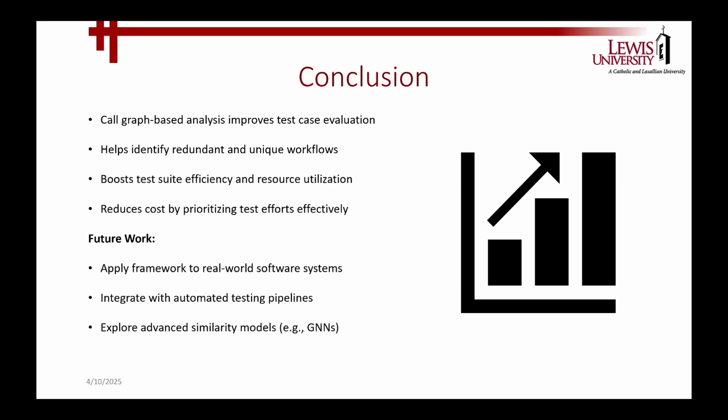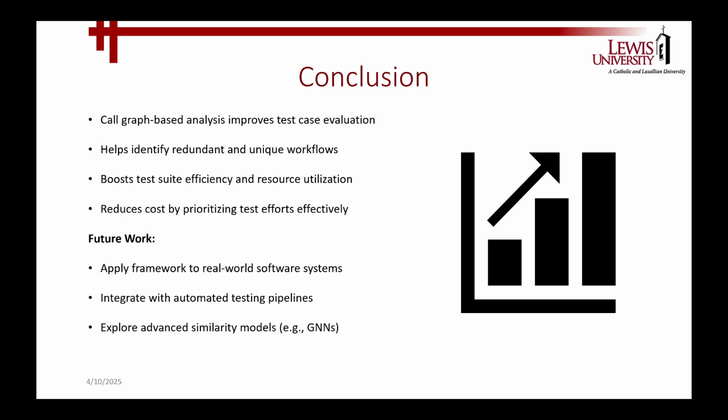This not only saves time and resources but also boosts overall coverage and the effectiveness of testing processes. The results confirm that combining multiple similarity metrics provides a deeper understanding of test case relationships.